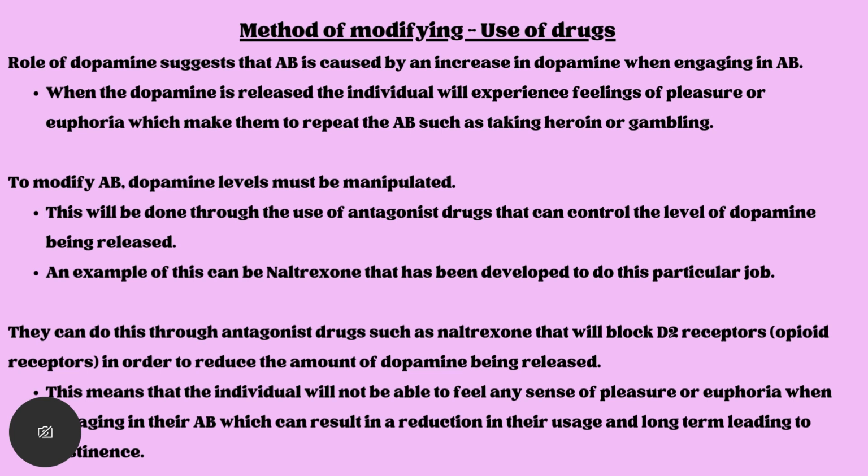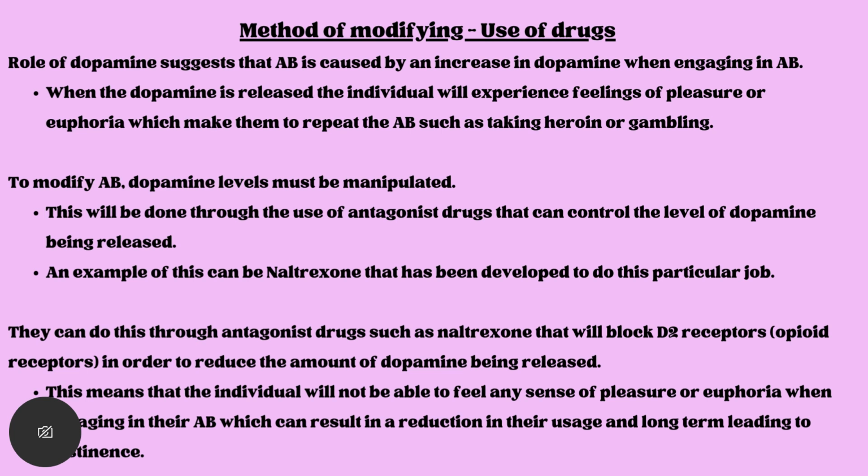So we say here, to modify, dopamine levels need to be manipulated. So this is done through the use of antagonist drugs that control the level of dopamine being released. So an example we would put in is naltrexone. So antagonist drugs, they block D2 receptors, so opioid receptors, which are what's known to causing addictions.